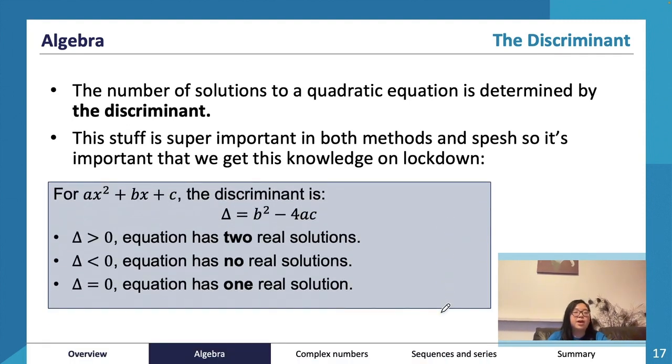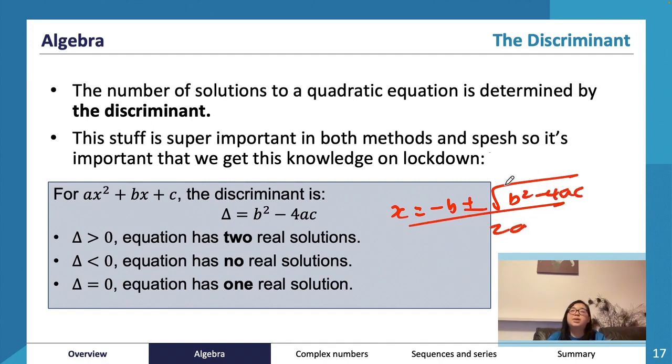So the rule is that for ax squared plus bx plus c, the discriminant is b squared minus 4ac. That's derived from the quadratic formula, x equals negative b plus or minus the square root of b squared minus 4ac, over 2a.